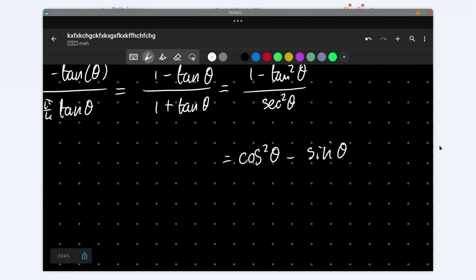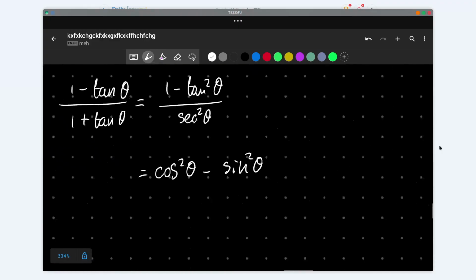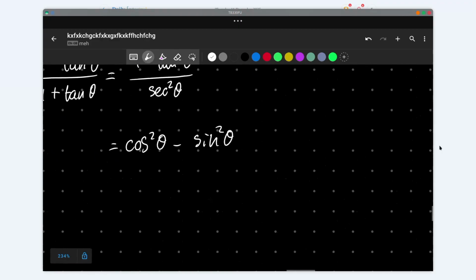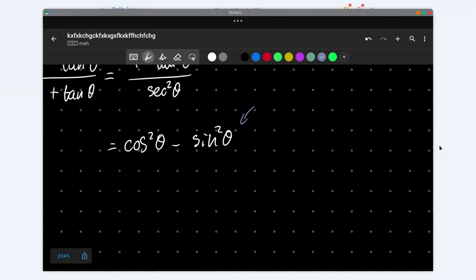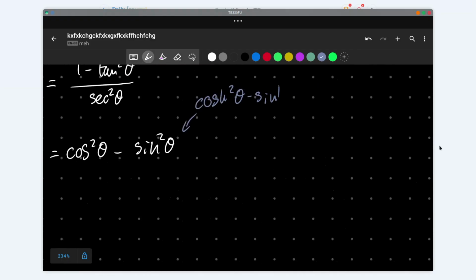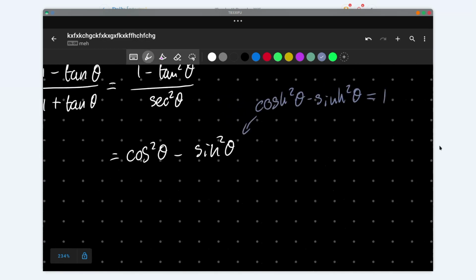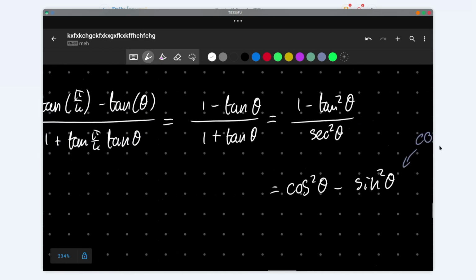This isn't hyperbolic. I wish this was hyperbolic, because then I could just do it that way, but we're working with normal stuff.